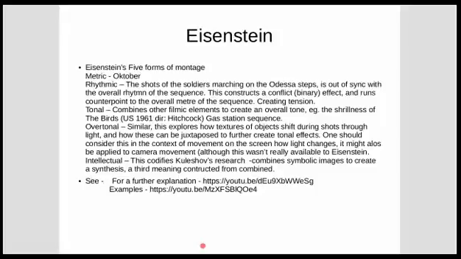So I'll give you a brief explanation of these, although if you see at the bottom of this slide here, there's a very, very good explanation on YouTube, and there's also a short sequence of examples to show you. So that's at the bottom of the slide here.